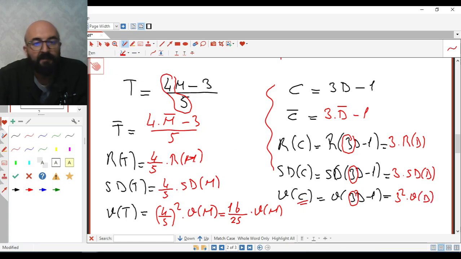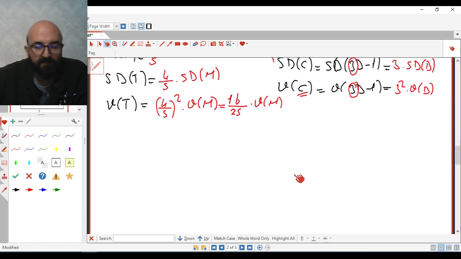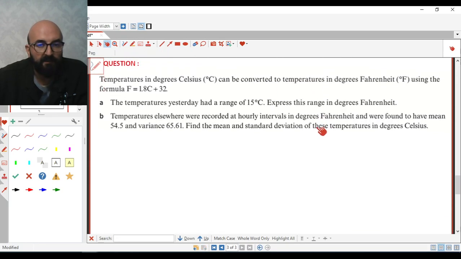Okay, and now yesterday's question. They give us that temperatures in degrees Celsius can be converted to temperatures in degrees Fahrenheit using the formula Fahrenheit equals 1.8 C plus 32. The temperatures yesterday had a range of 15 degrees Celsius, and we must express the range in degrees Fahrenheit.